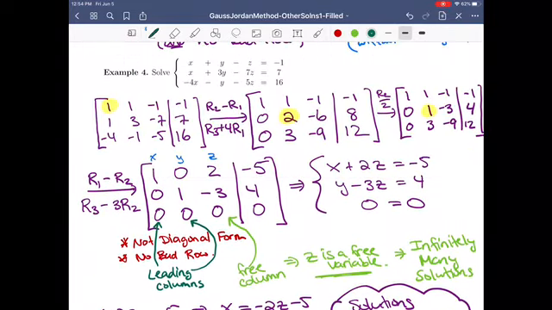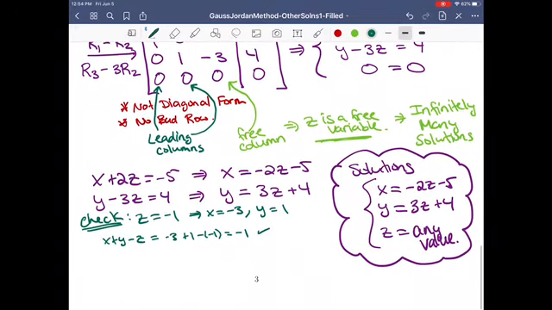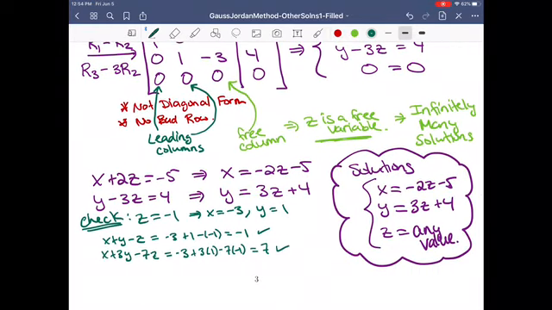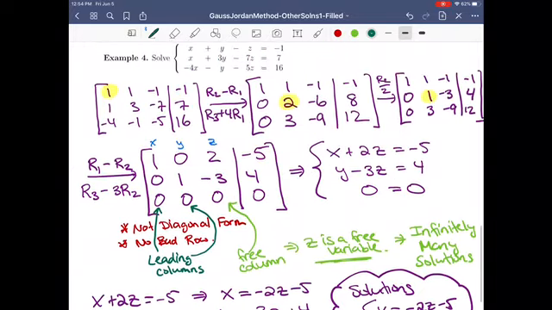The second equation is x plus 3y minus 7z. So that's going to be negative 3 plus 3 times 1 minus 7 times negative 1. So negative 3 plus 3, that's 0, plus 7 is 7. And our second equation was supposed to equal 7. So that one checks out.